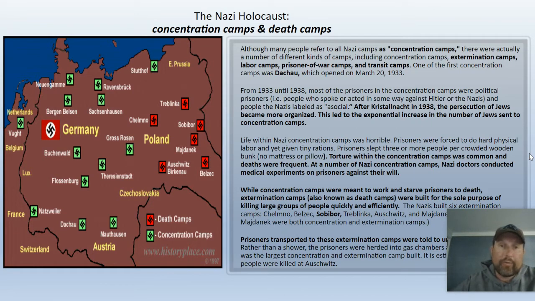And so, throughout Germany and Poland, Jews are sent to both concentration and death camps. And we should understand that there's a difference between the two. Concentration camps are different from the death camps or the extermination camps, in that the concentration camps are meant to provide essentially slave labor to support the efforts of Hitler's army.